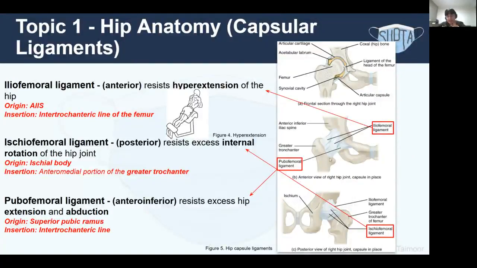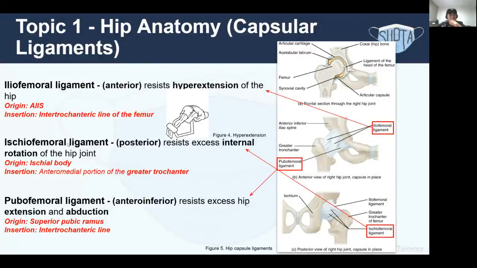If you think of an imaginary line right there, you can see this inverted Y shape, which is what this ligament is, the base of which originates from the anterior inferior iliac spine and then inserts onto the intertrochanteric line of the femur.